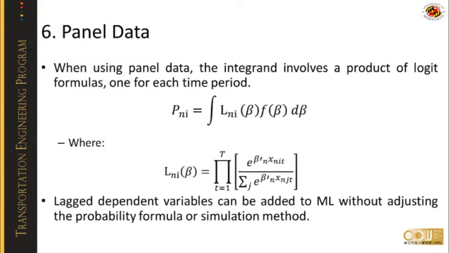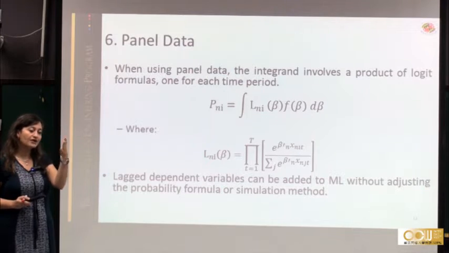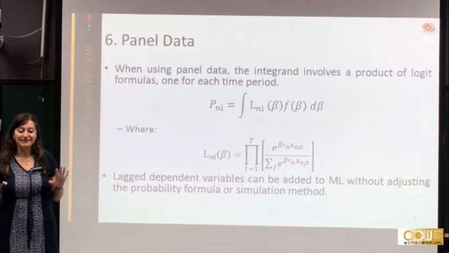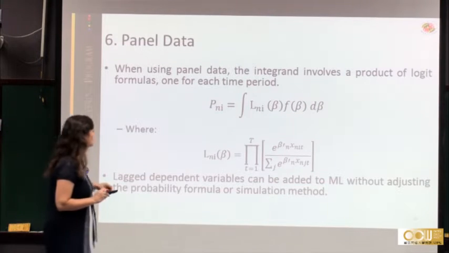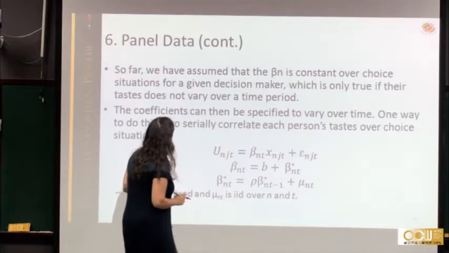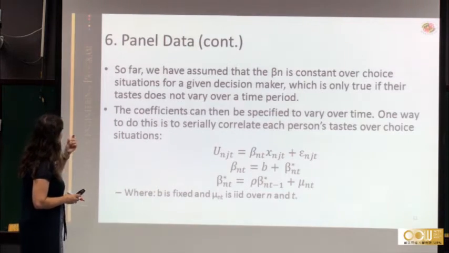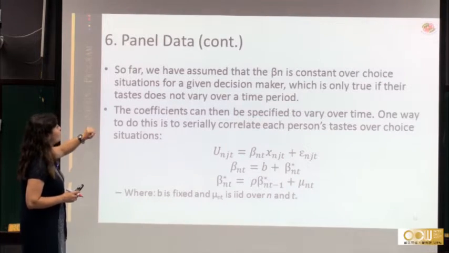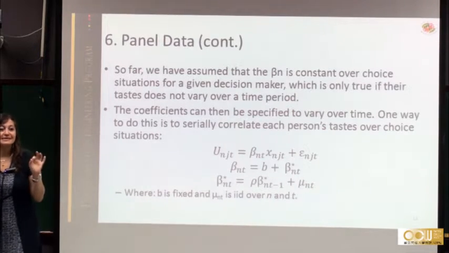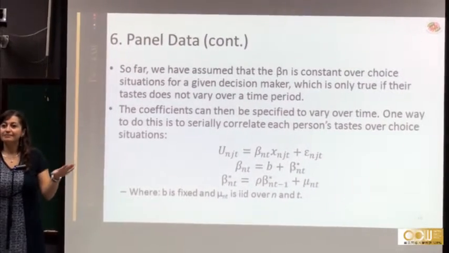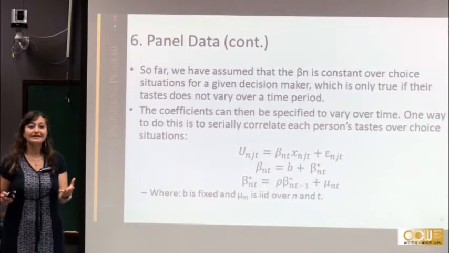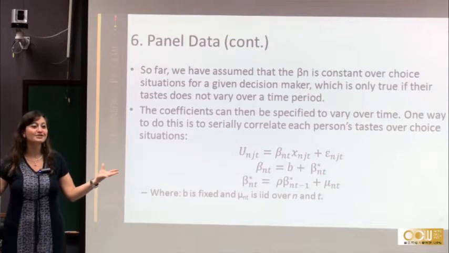Another thing is that the way at least CAN-train does it, we have tried to overcome this, but we have not reached an agreement on how to do this. The way CAN-train does it is that this beta doesn't vary over a time period. So it means that CAN-train assumes that when I work here, my beta for travel time is constant across the week, right?